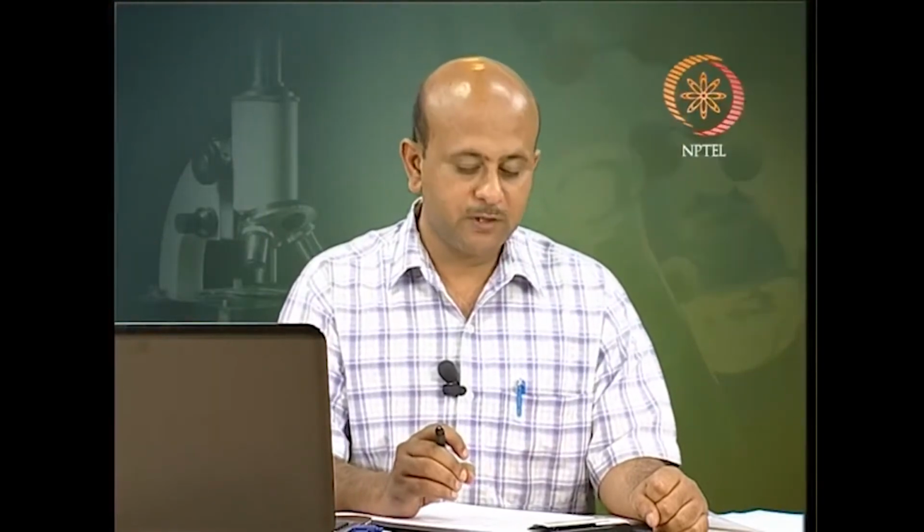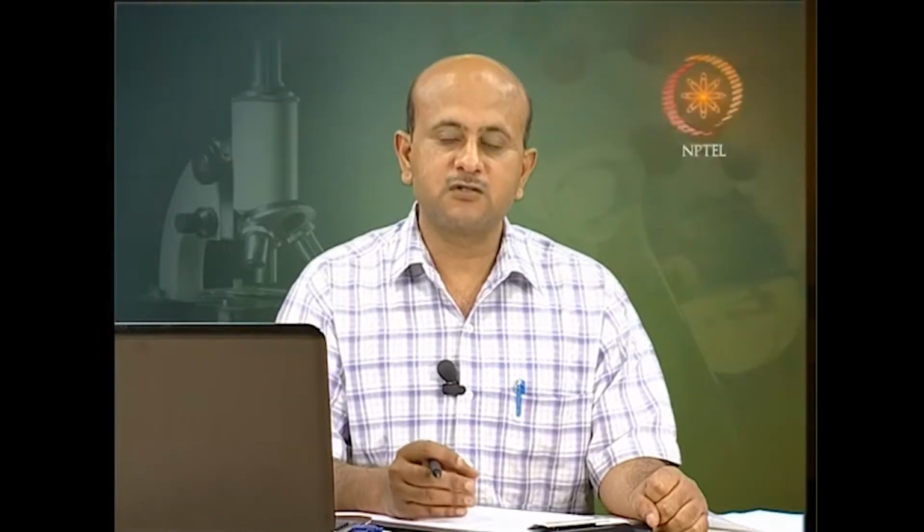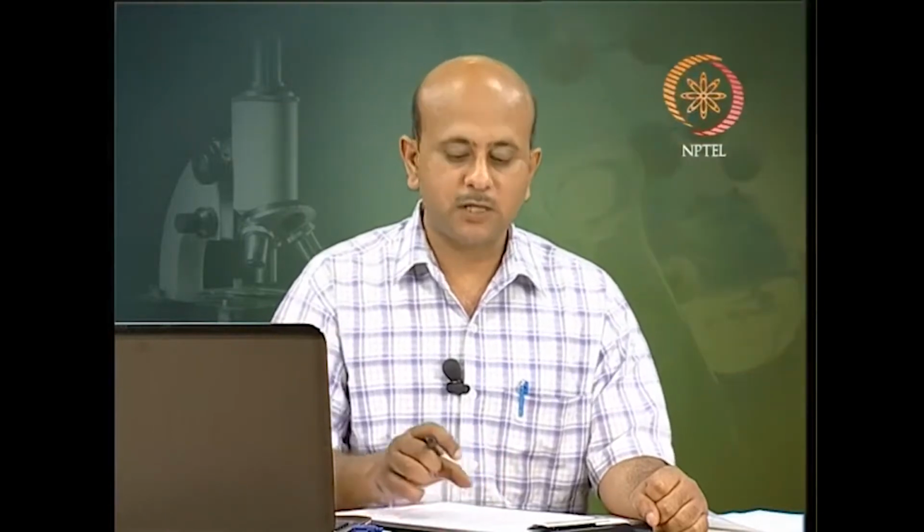So, these are a few important parts of the polarization microscope which are a little different: strain free objective and condenser lens, the polarizer, the analyzer, and a special eyepiece with crossed wire reticles or graticules.